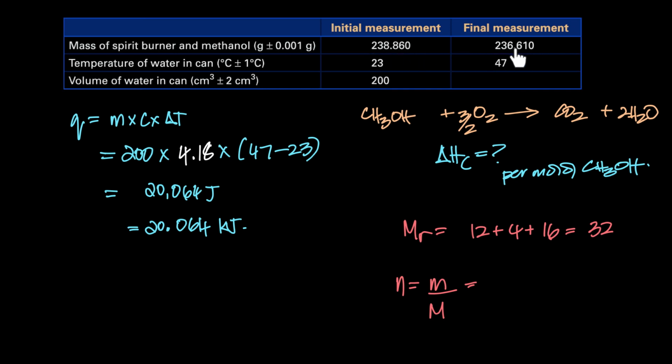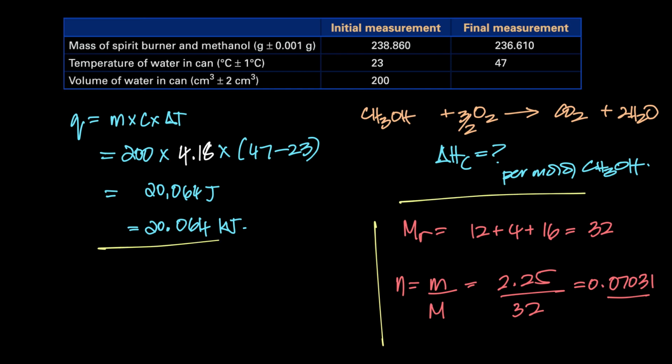So 238.86 minus 236.61. The mass burnt was 2.25 only, over 32 will give you the moles. This comes out to approximately 0.07031. That's the moles.